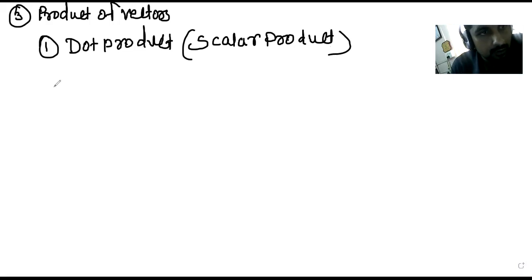For example, I'm going to take two vectors here. Vector A bar. Any vector is represented by its magnitude, so its magnitude would be A, and its direction, unit vector, A bar A. So this is the first vector. Let me draw this vector somewhere here.